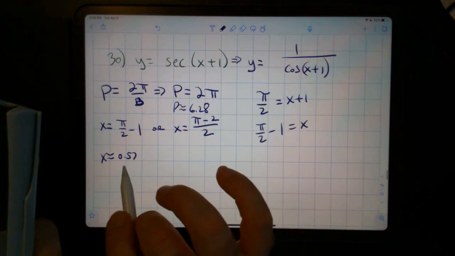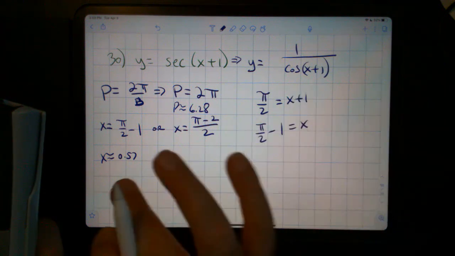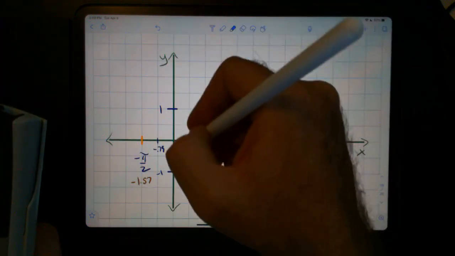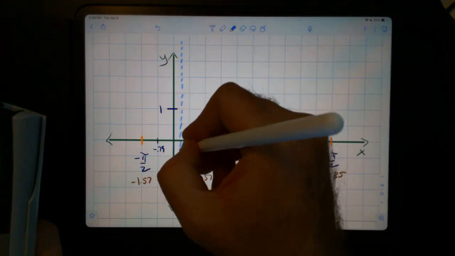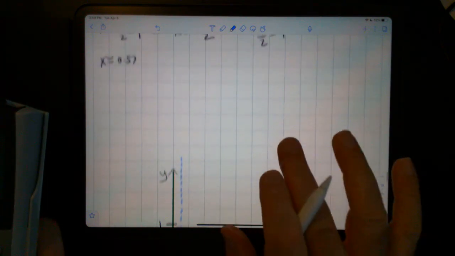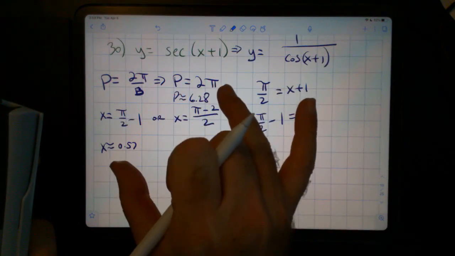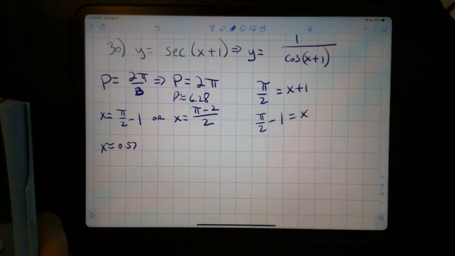So we have a phase shift of 0.57. Not exactly a phase shift, but yeah, let's call it that. 0.57 is where an asymptote is going to be. And then, since our period is 2 pi, we have 2 pi plus 0.57, or 6.28 plus 0.57.